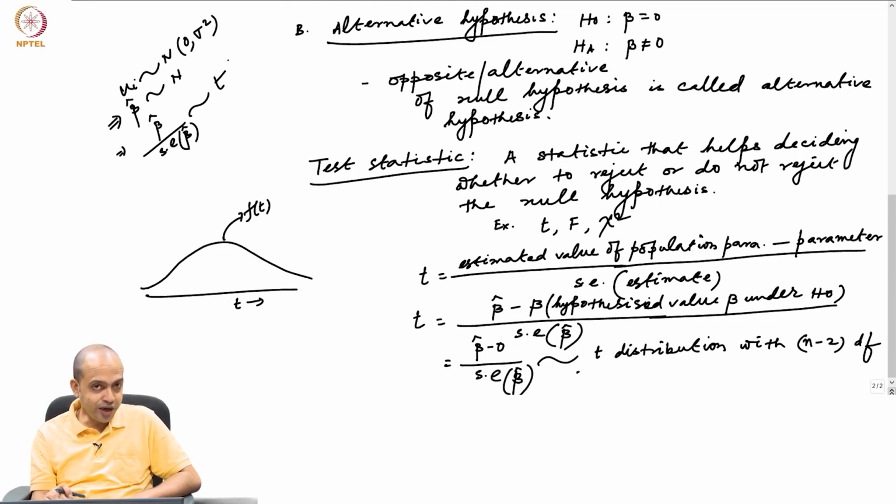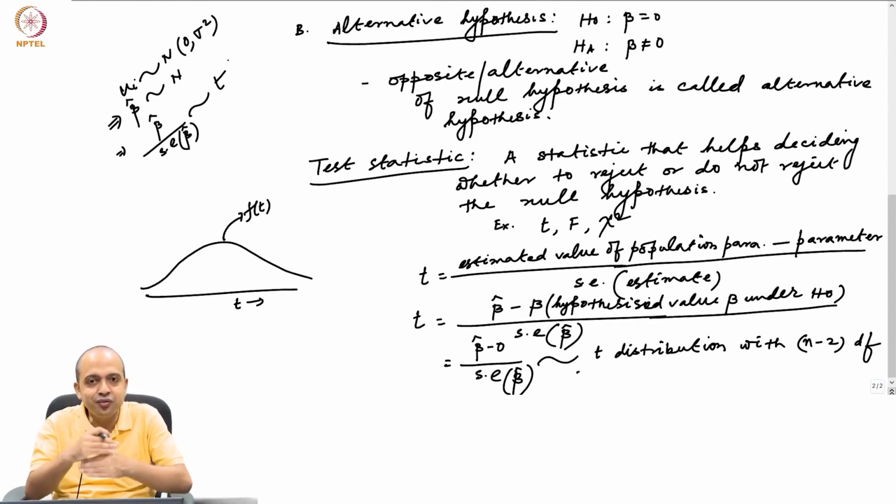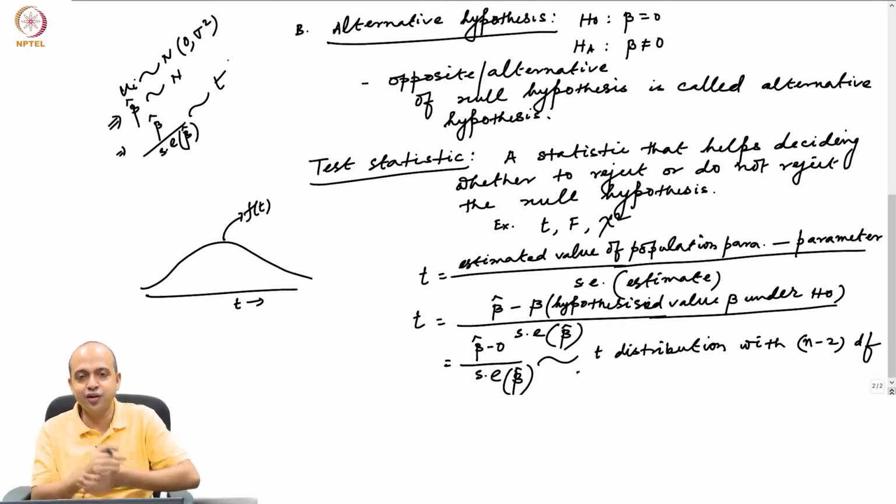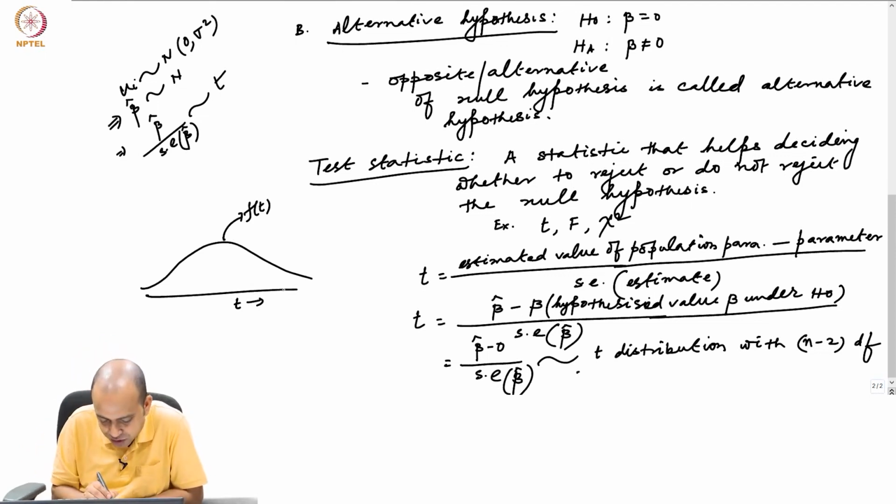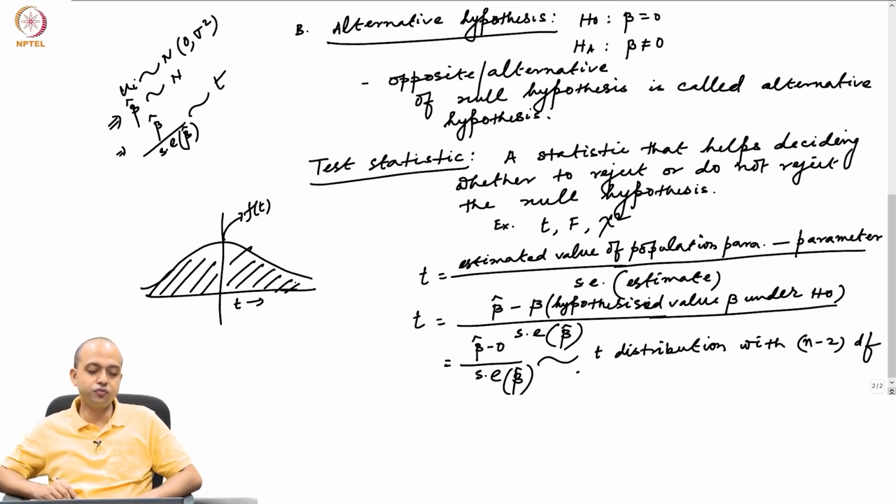When we divide beta hat by standard error of beta hat, the resultant distribution, which is actually t, becomes a little flatter than the normal distribution, but it has the properties of the normal distribution, basically symmetric around the mean value. Okay. This is how the test statistic is defined.